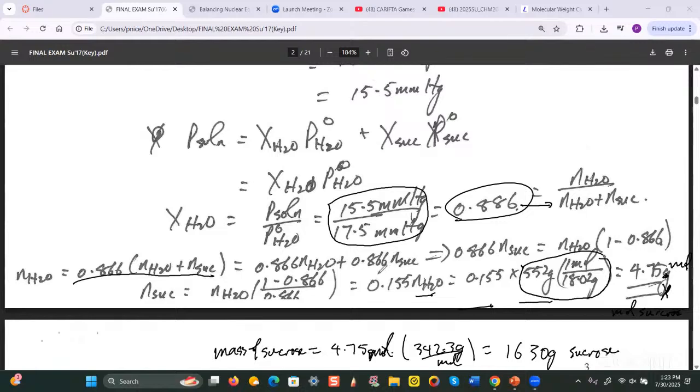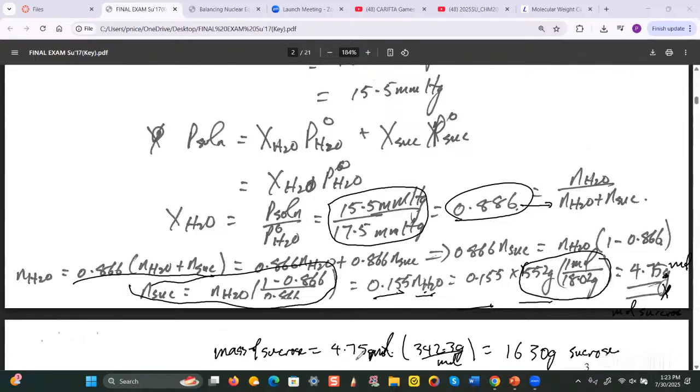So we solve for the moles of sucrose. That's this equation right here. When I worked out this part, that's equal to 0.155. If you take 1 minus 0.866 divided by 0.866, that gives you 0.155. Then you multiply by the number of moles of water, which is this right here, and that gives us ultimately the moles of sucrose.